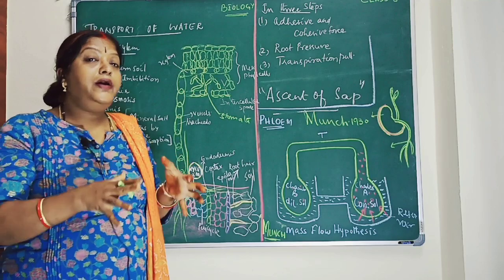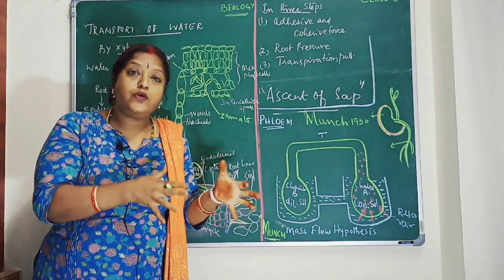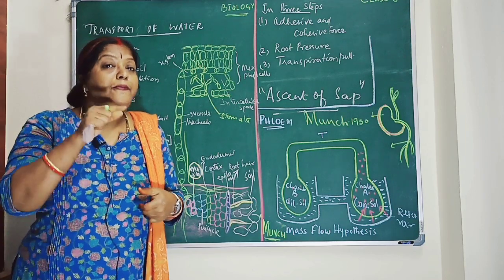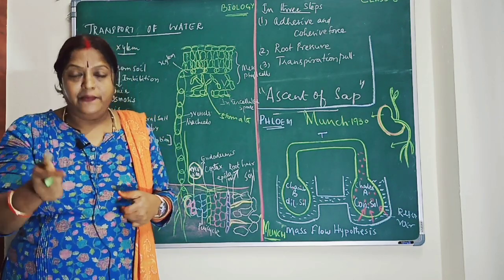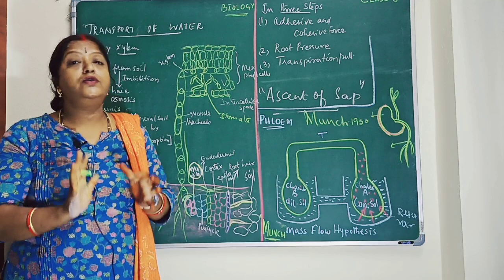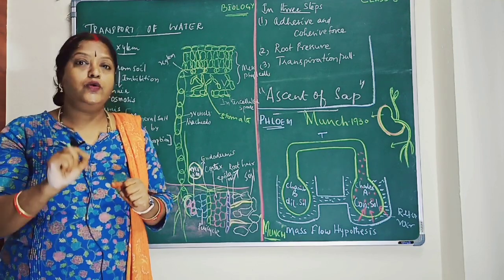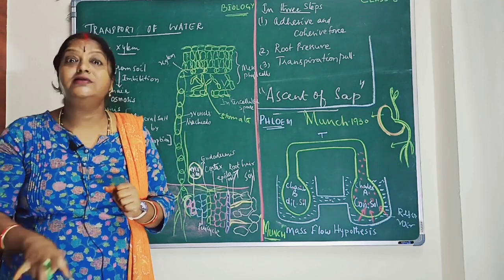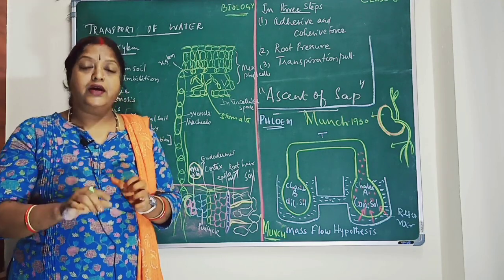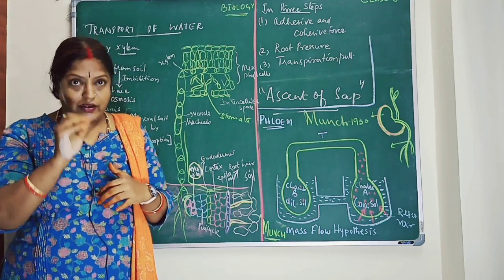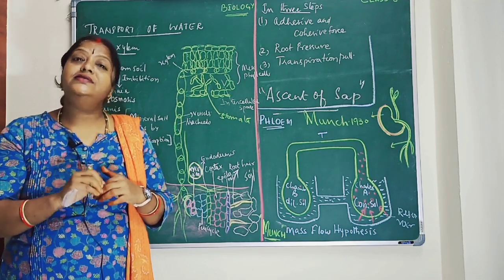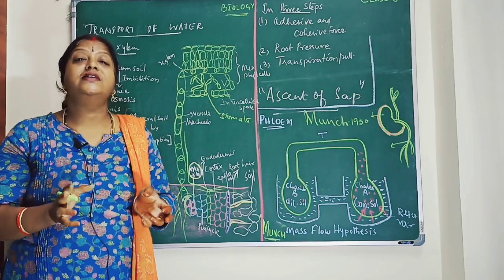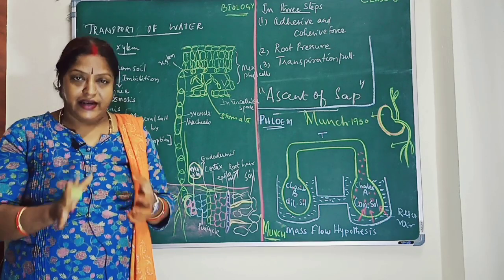So the movement of food takes place from the source to sink due to the turgor pressure gradient. Understood? Materials appear to move very slowly through phloem, children, that is from 60 centimeters to 100 centimeters per hour. This movement of food material is very slow, and the energy requirement in the plant is also very less because most of the cells in the plant are dead cells.